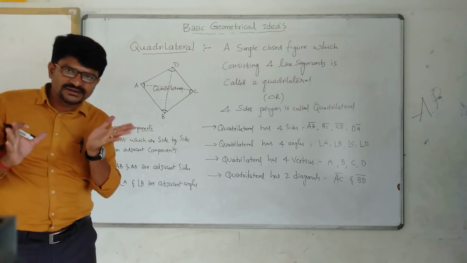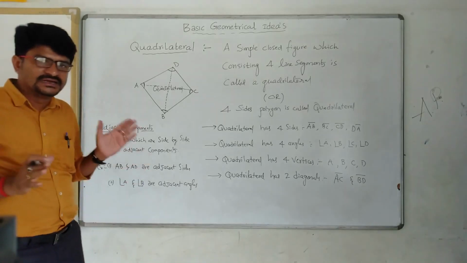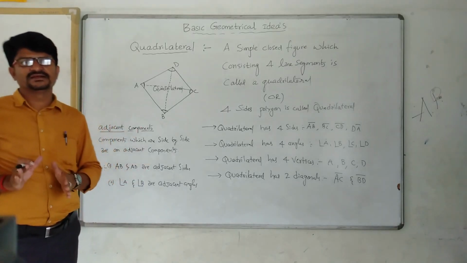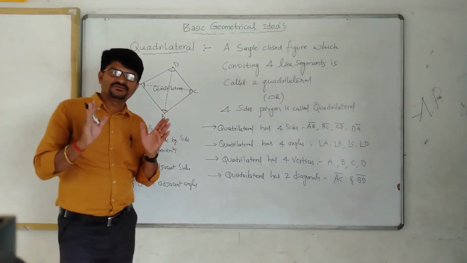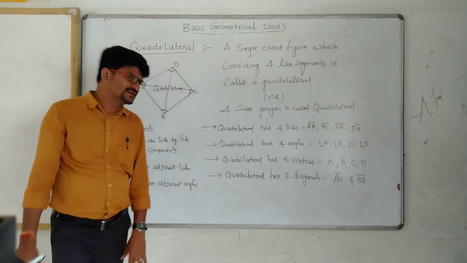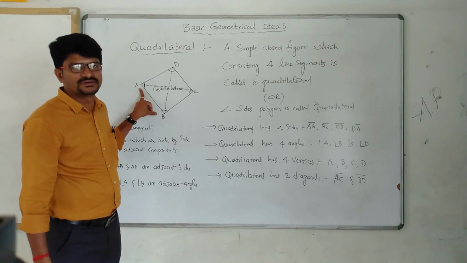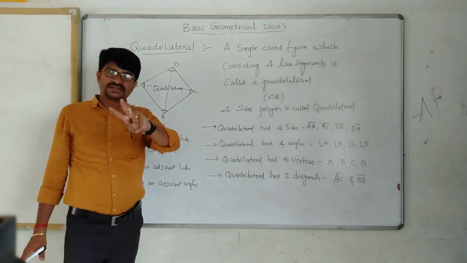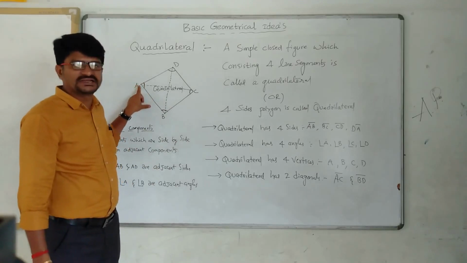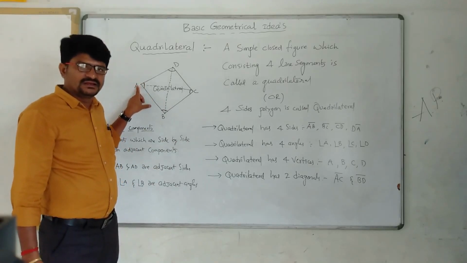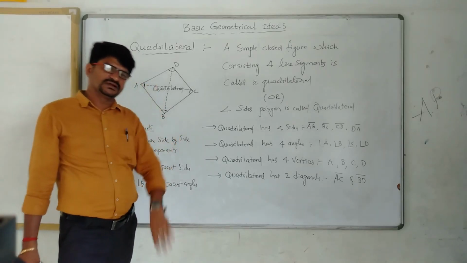Do you know the meaning of adjacent? Adjacent means side by side. For example, if two angles are adjacent, one common side must be there. If two sides are adjacent, one common vertex must be there. Clear? Then only those two are said to be adjacent.